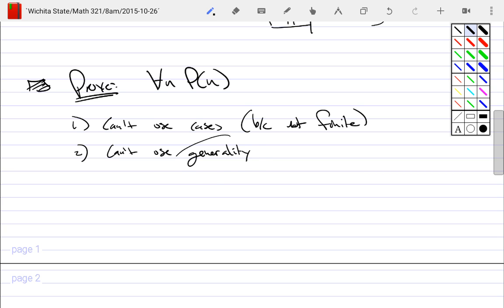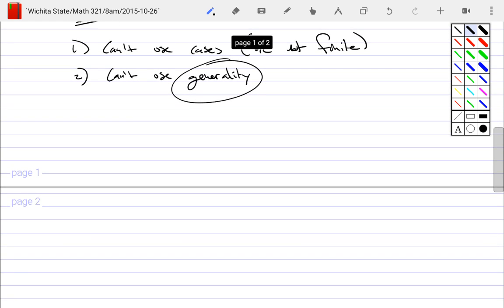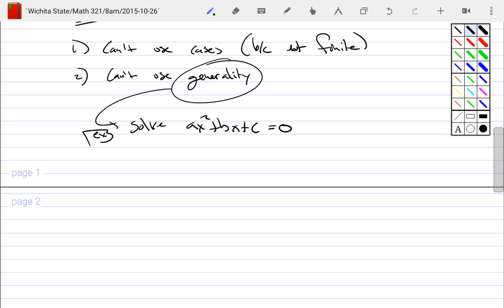What do I mean by generality? Generality would be something like this. Say, for example, solve ax squared plus bx plus c equals 0, right? The idea of generality is don't put any numbers down and solve all of them at the same time.